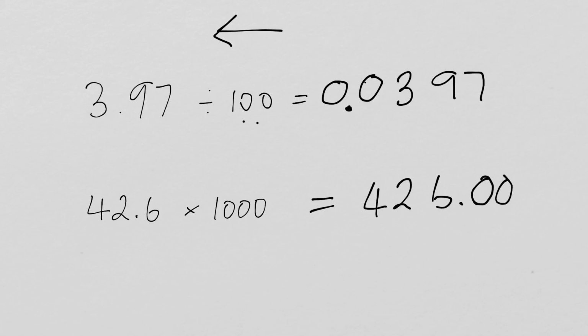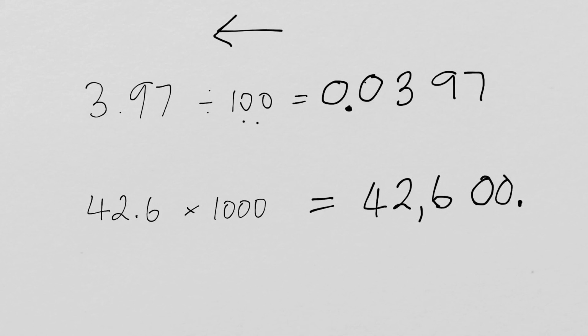Okay, so we got 42.6 to begin with. It moves 3 places to the right. 1, 2, 3. And we end up with 42,600. There we go. So that's how it's done.